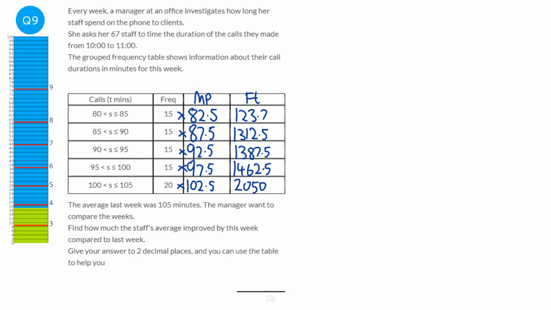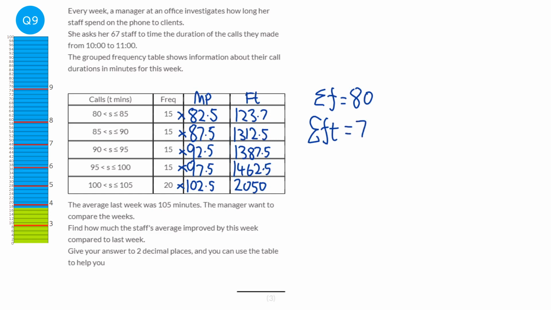Right, next we need to add up the frequencies and add up the FTs. So we're going to have the sum of the frequencies. So I'm just adding all this column up, and that will be 80. And we have sum of the FT. And so we're going to just add this column up here.